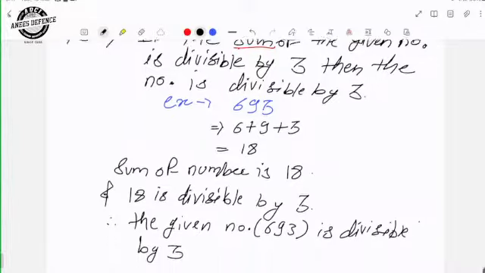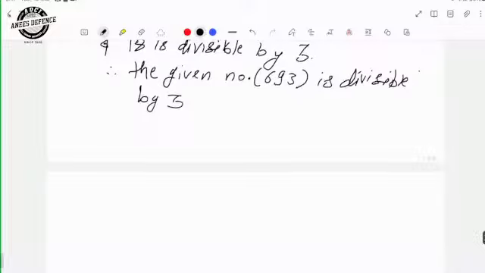Next one, for 4. What is the divisibility rule for 4? For even numbers, the divisibility rules are quite easy compared to the odd numbers.